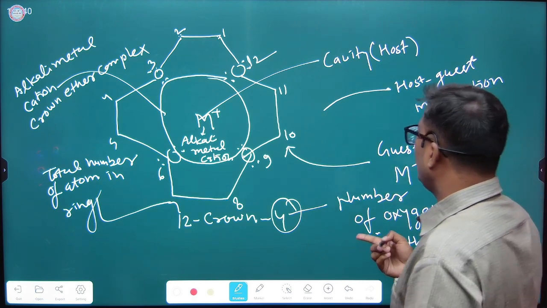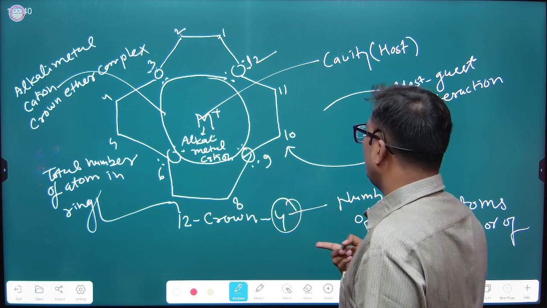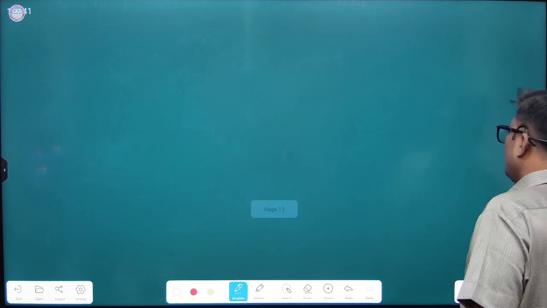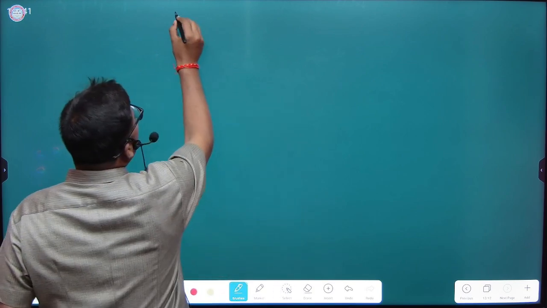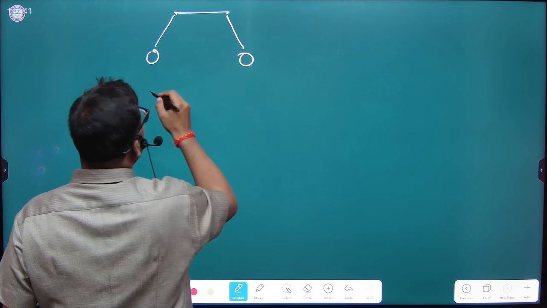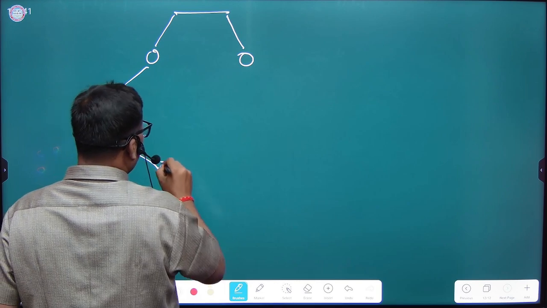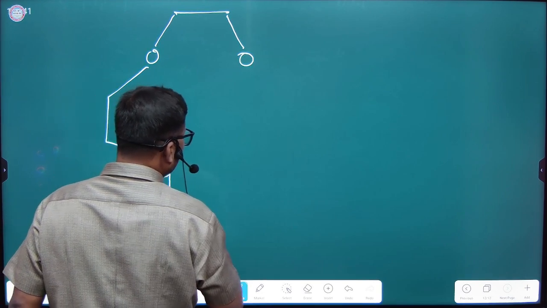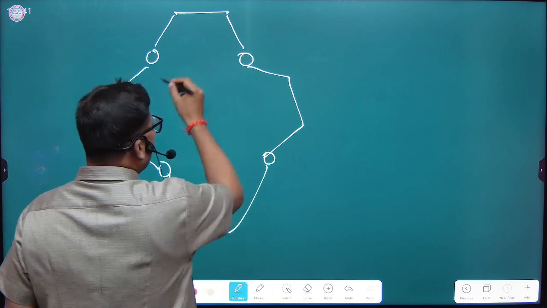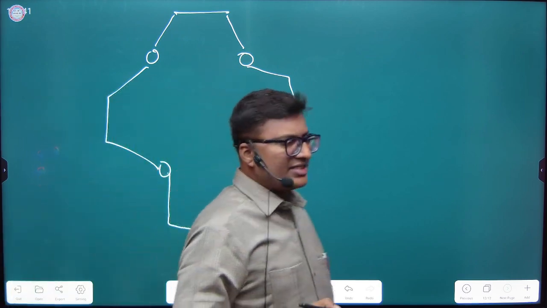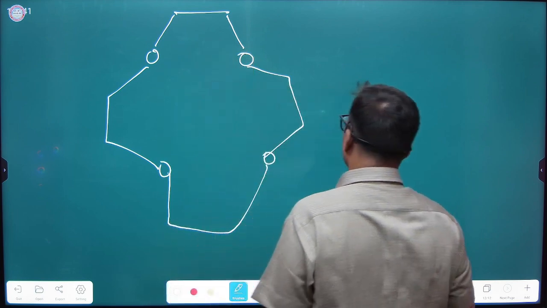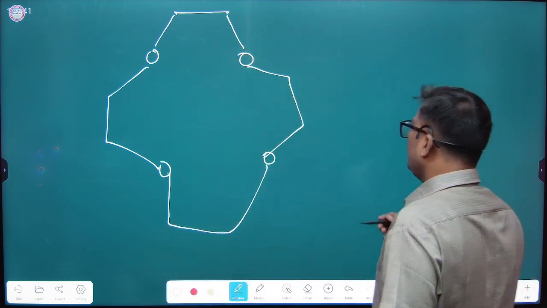So what is the chemistry and the coordination chemistry of this complex? In the next page, we again draw 12 crown 4, right? So this is a cavity actually, right? The size, meaning the diameter of this cavity, decides which metal has to be accommodated in this structure.